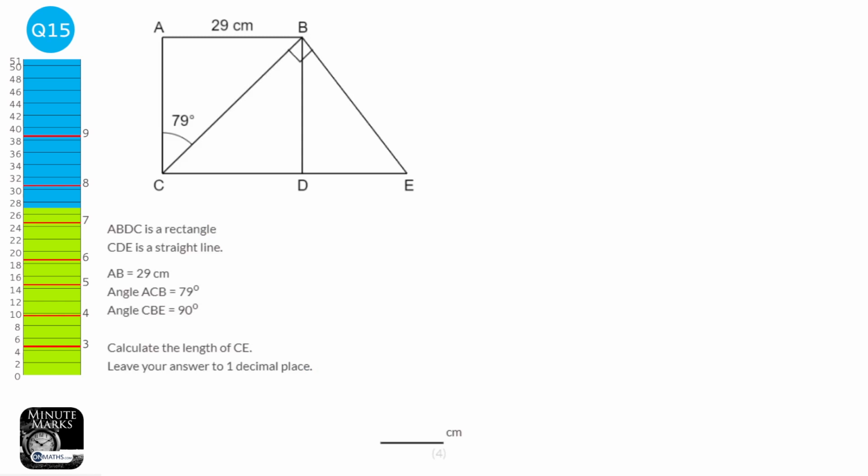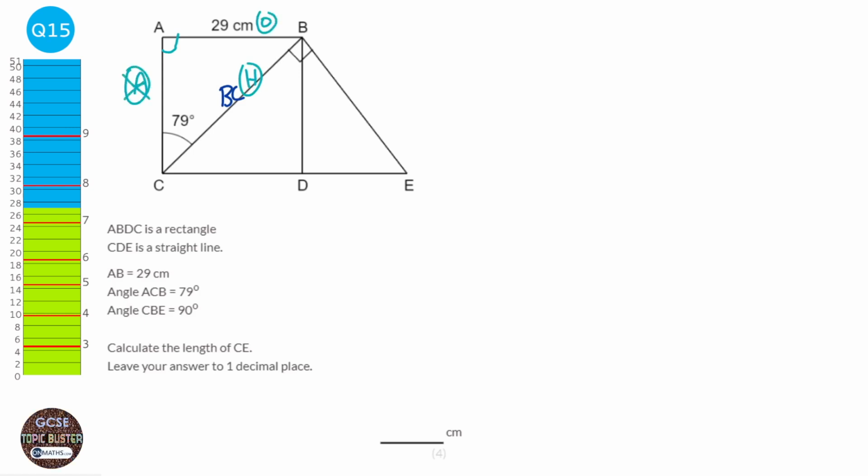So we can't work out length CE directly, but what I'm going to do is start off by finding length BC, and I'm going to do that using trigonometry. So we've got the 90 degrees there, so we'll start by labelling it. So BC is the hypotenuse, the opposite here and adjacent here.